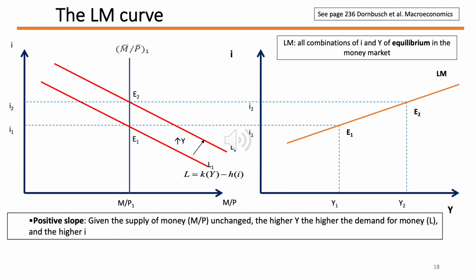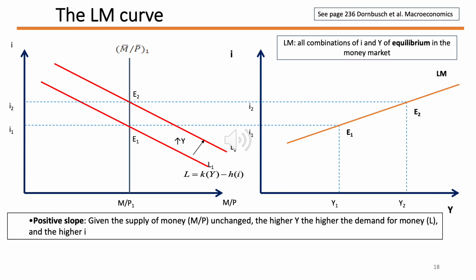If we translate those combinations of interest rates and levels of income that clear the monetary market, we have the LM line here. And by definition, again, the LM line represents the combinations of interest rates and levels of income of equilibrium in the monetary market.